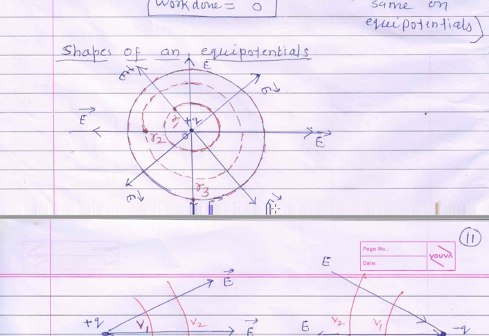So this surface is called the equipotential surface. Similarly, you can extend the radius. This third circle is also there, having the radius r3. The potential is V3 everywhere at a distance r3. So all these circles with the same center are called the equipotential surfaces. In general, we call them the equipotentials, right?